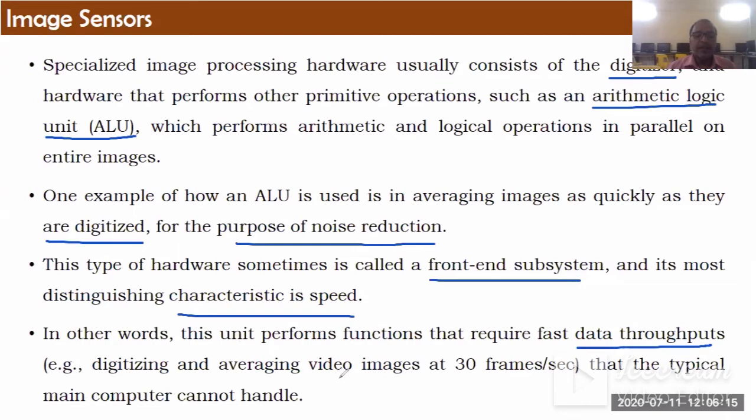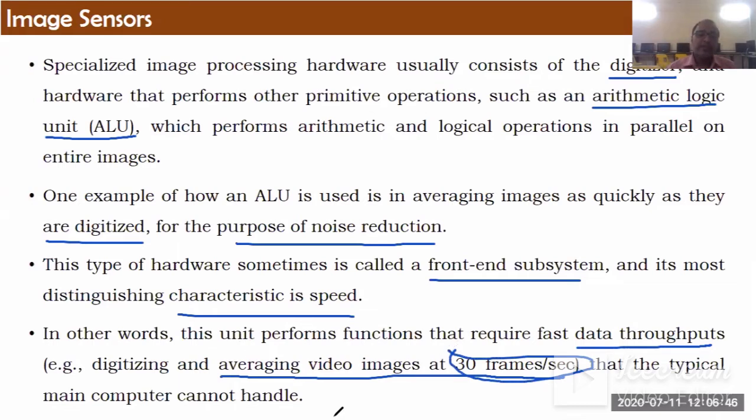For example, in a digital system it will be 30 frames per second. Means when you shoot a video, it can capture 30 frames or 30 photos per second. That is the quality. If the camera is not capable of this, the video is not good quality.